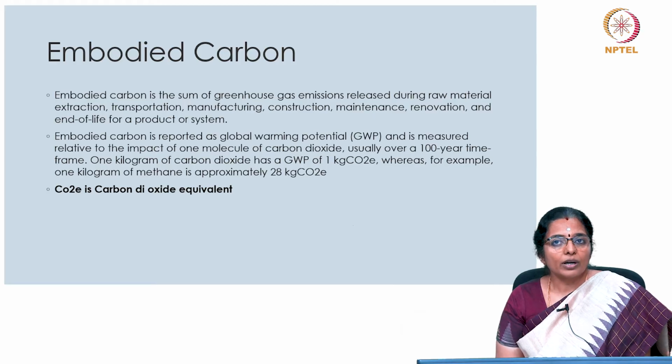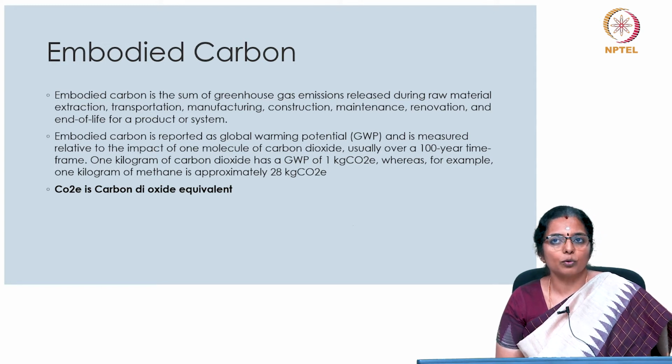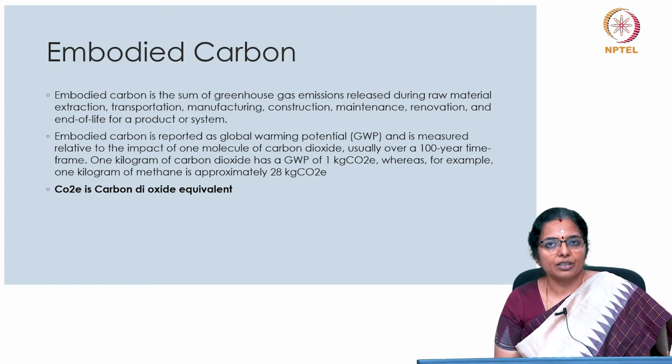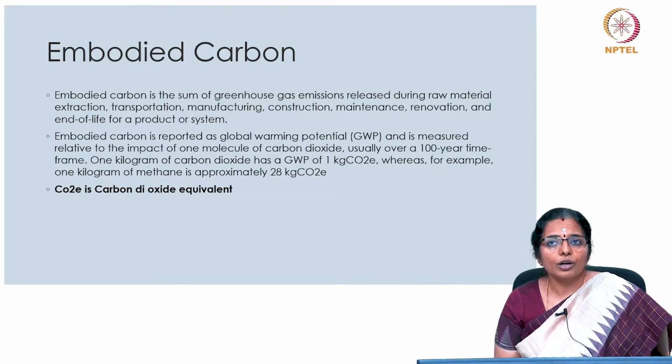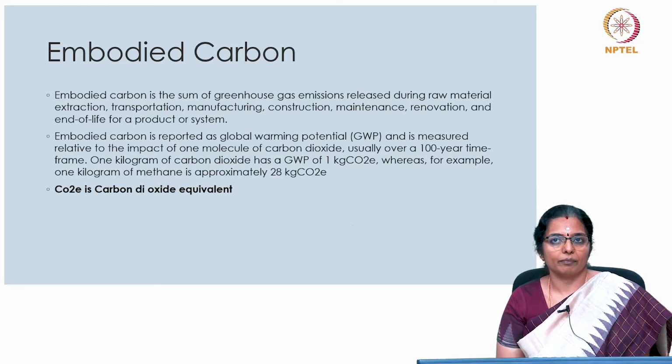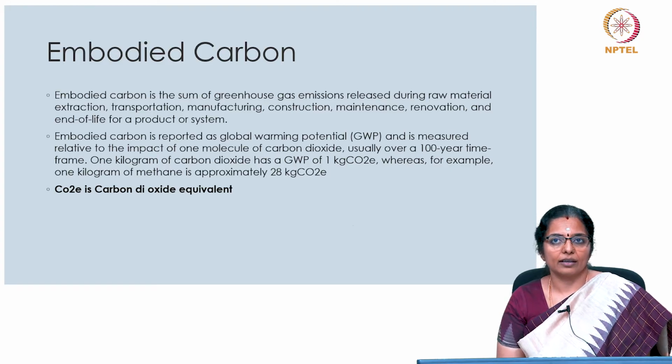Embodied carbon is reported as global warming potential, GWP, and is measured relative to the impact of one molecule of carbon dioxide, usually lasting over a 100-year time frame. 1 kilogram of carbon dioxide has a global warming potential of 1 kg carbon dioxide equivalent.